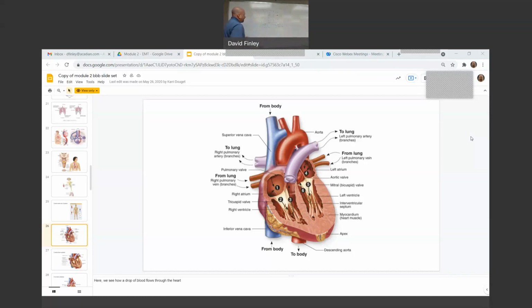Now, that vessel is going to start getting smaller and smaller and branching out. It actually leaves the top of the heart, but things are going to start branching off of it, arteries. When arteries get smaller, they're called arterioles.